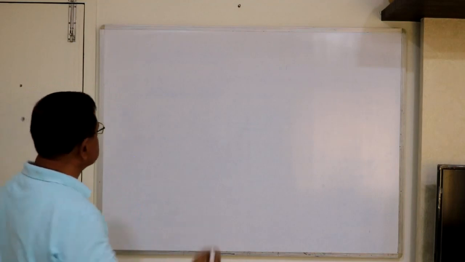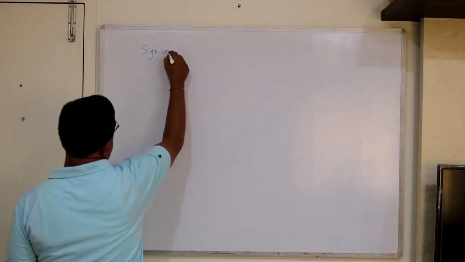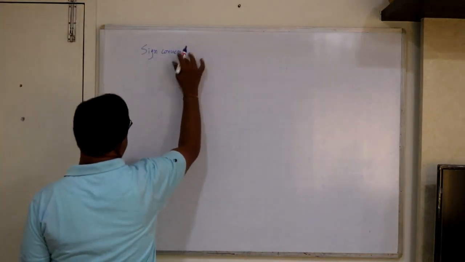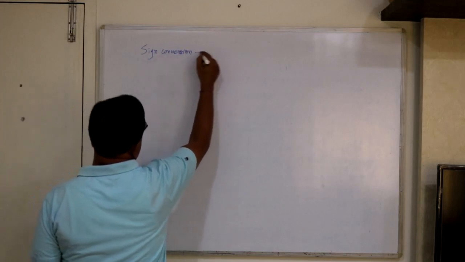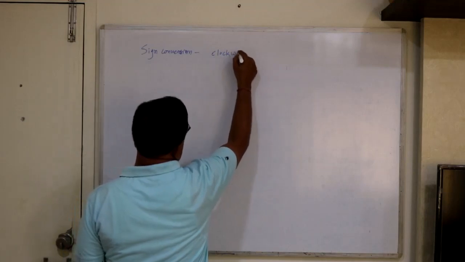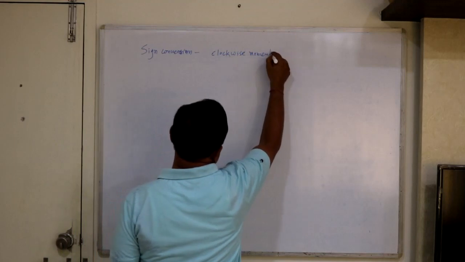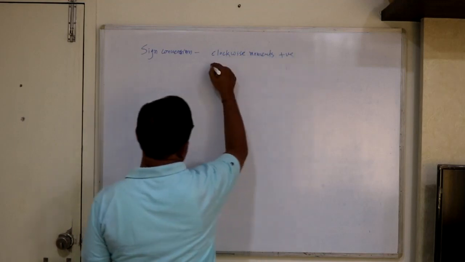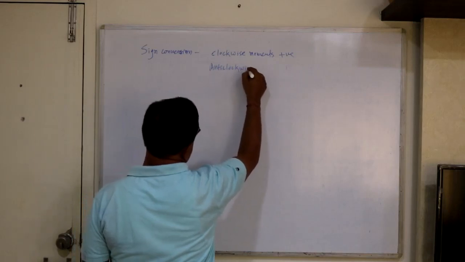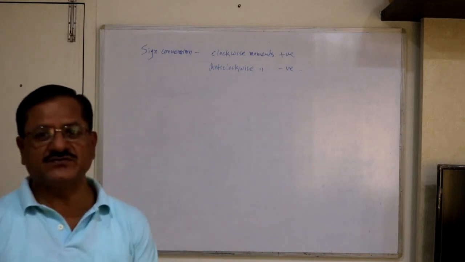Now for fixed end moments, the sign convention: clockwise moments you take positive and anti-clockwise moments negative. So this is the sign convention that we are going to follow.